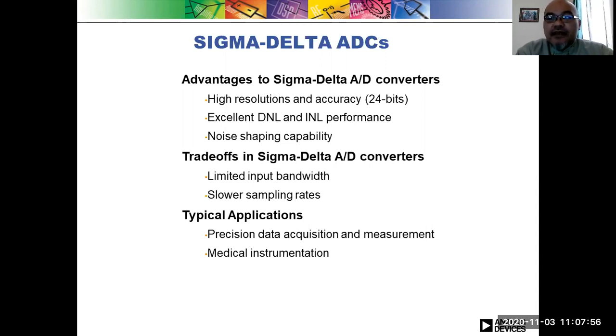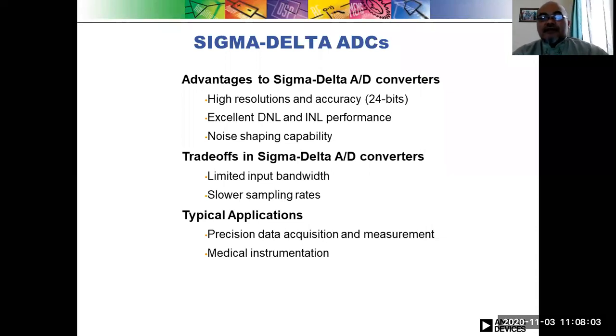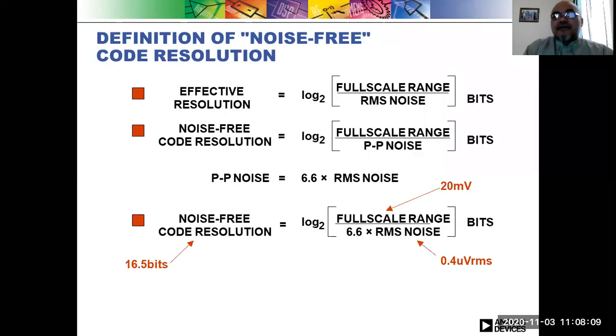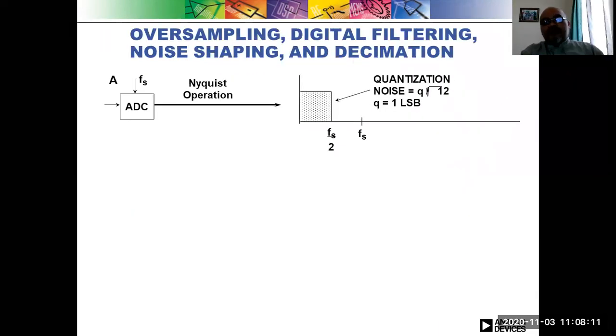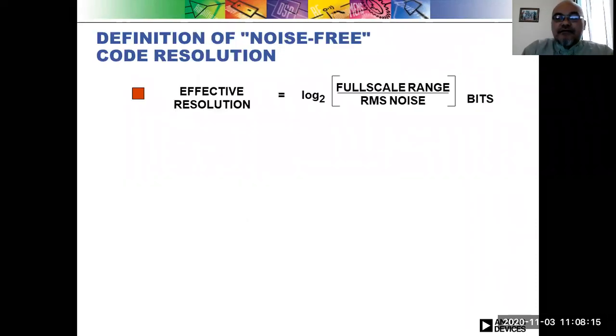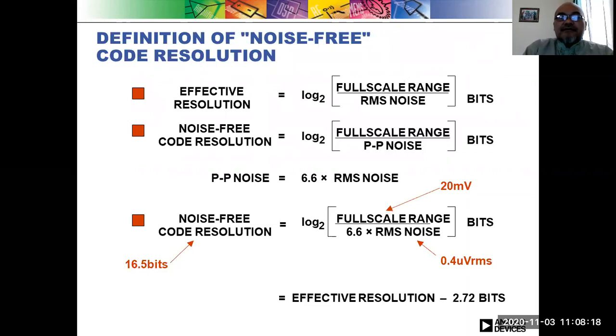It also has good DNL and INL performance, remember this is the dynamic performance of the ADC discussed in the previous session. Then noise shaping capability, as we have discussed, it can shape and remove the noise accordingly based on this algorithm.